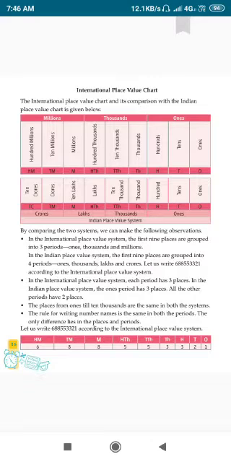In the Indian place value system, the first ones period is separated with 3 digits, and all the remaining periods have two digits. In the international system, all places are grouped into 3, so commas are placed after every 3 digits.